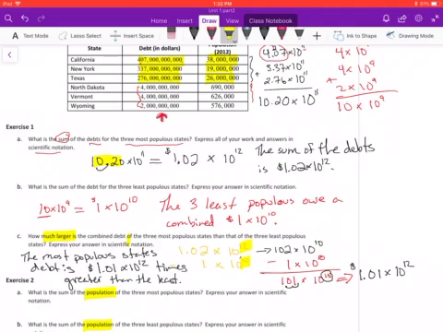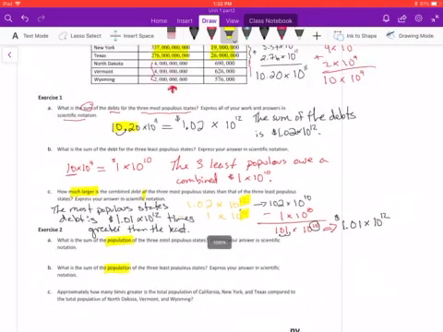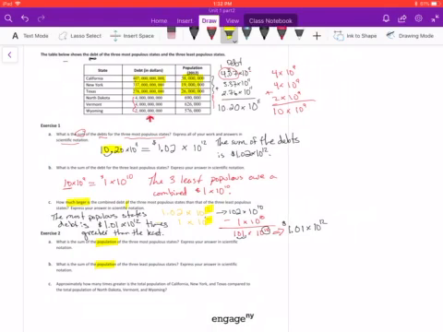So this gives me 3.8. I'm going to shrink a little bit so I can see it. So I have 3.8 times 10 to the 7th, 1.9 times 10 to the 7th, and 2.6 times 10 to the 7th. I have the same power of 10, so I get to keep it.